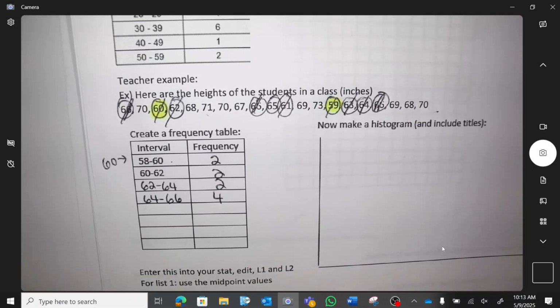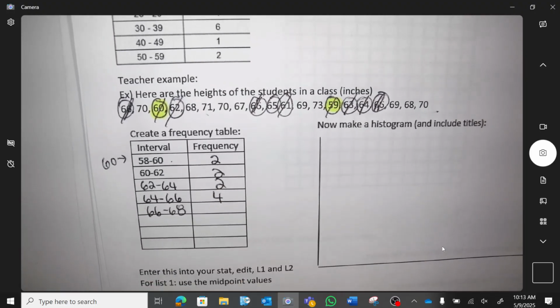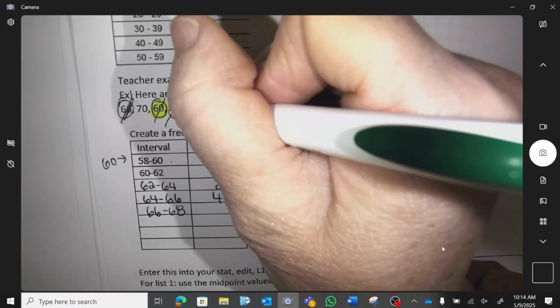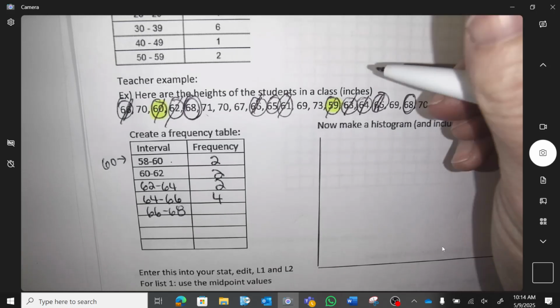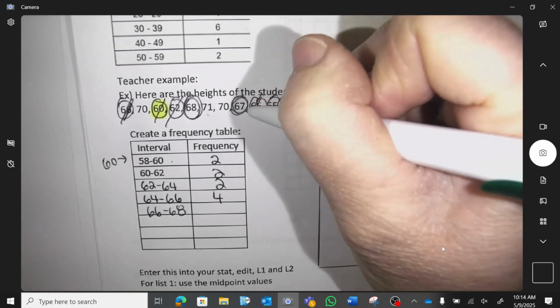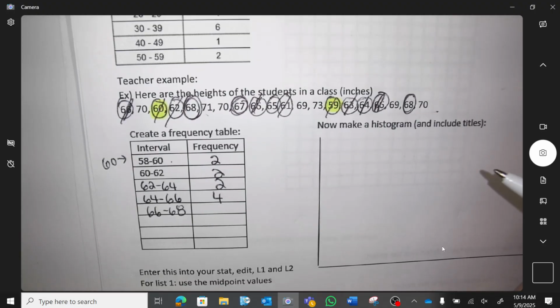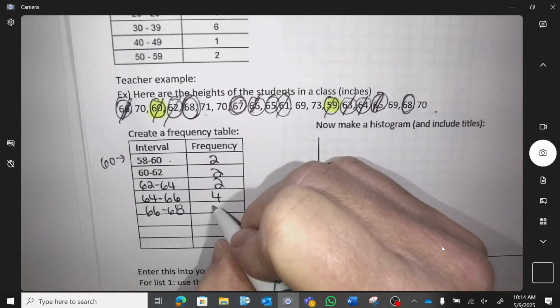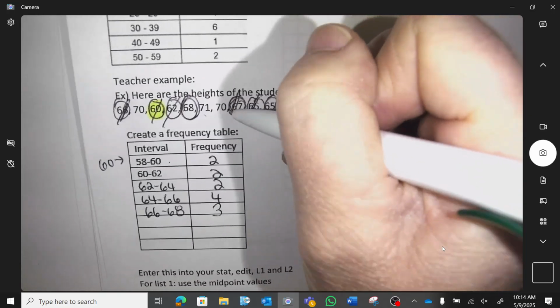Okay, so what's your next interval? 66 to 68. Really, we've done 66, so anything with a 67 or 68. 1, 2, 3. Good? No one's going to yell at me if I had this wrong?